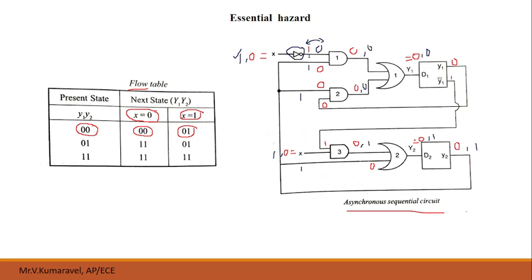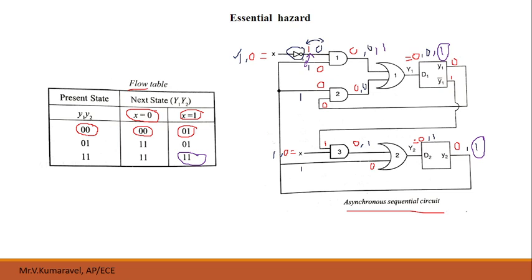If it is 1, then what happens? If you compare these two, 1 and 1 are applied as input to the first AND gate. So this output becomes 1 instead of 0. Then your OR gate 1 output becomes 1 instead of 0. Therefore, your next state is 1, 1 instead of 0, 1.